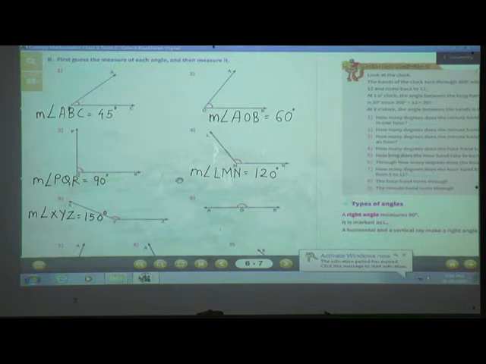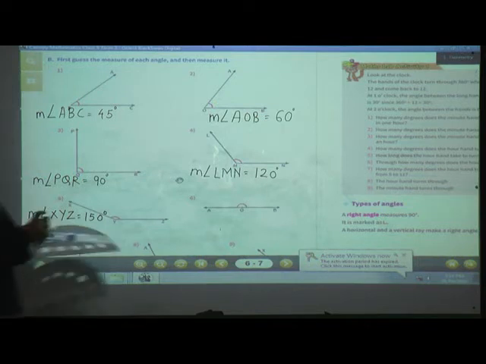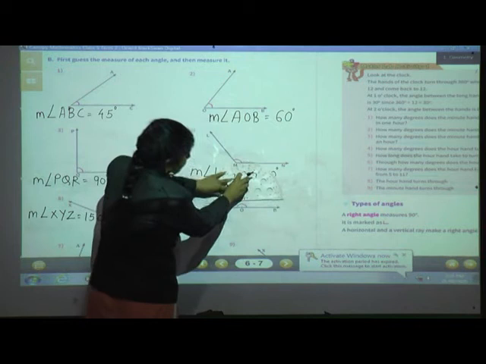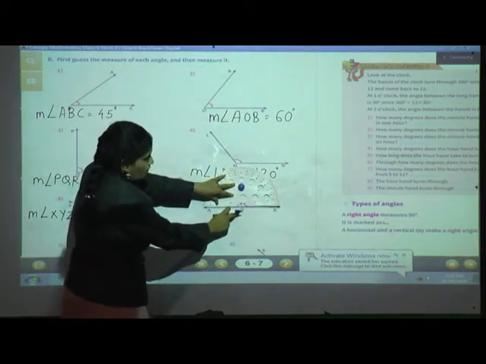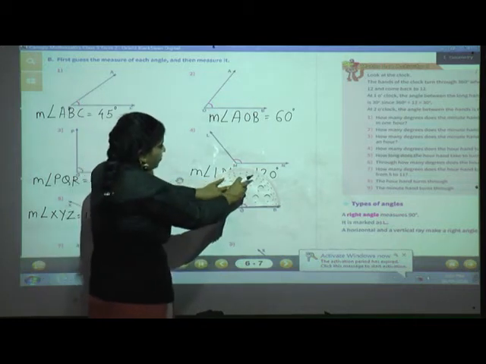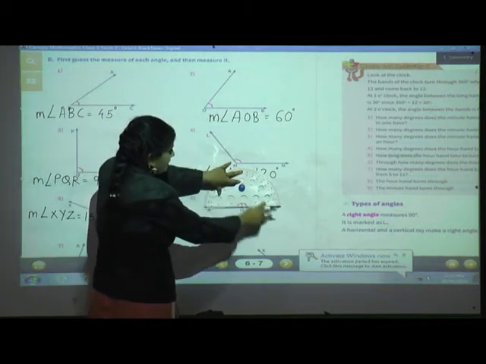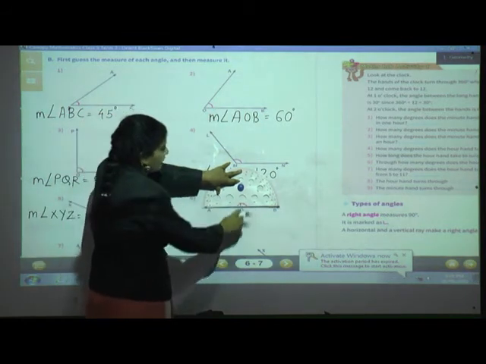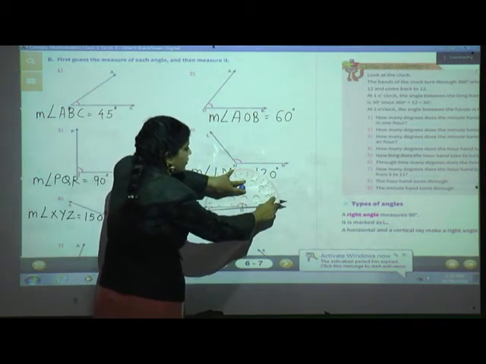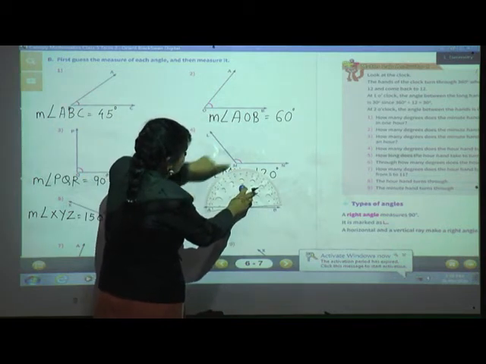Now sixth one. Here you have to place the center of the protractor on O. This is a straight line, students. You can measure it from this 0 also and this 0 also.